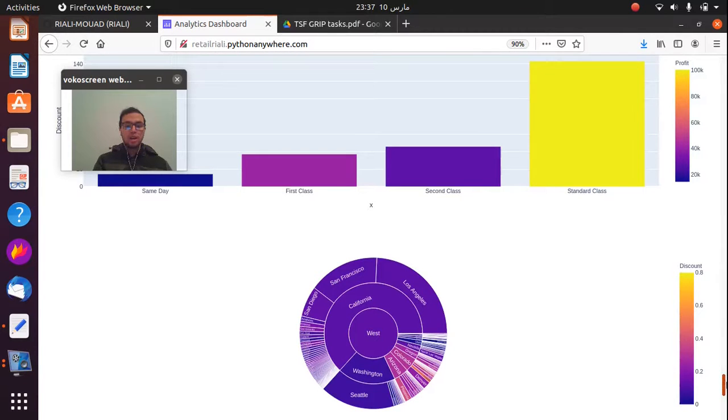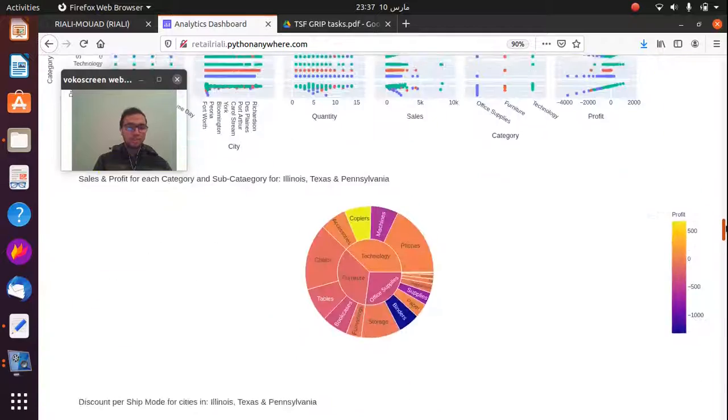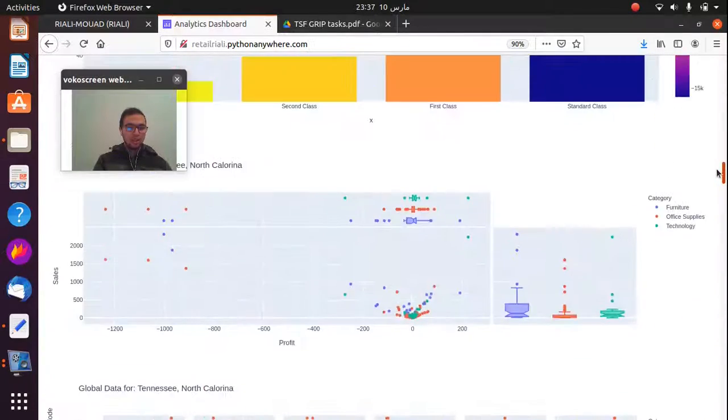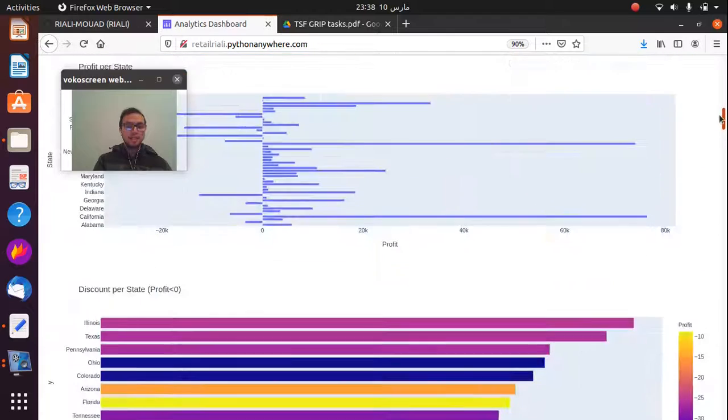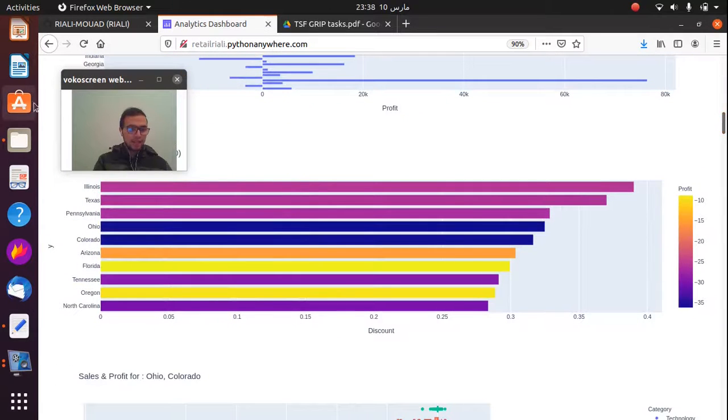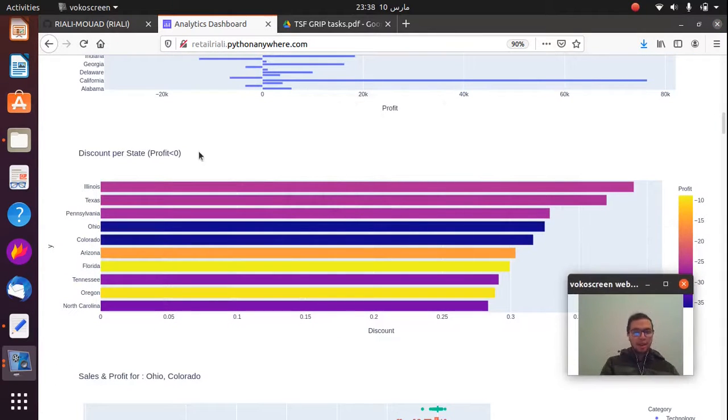Just to make sure, we're gonna check our list above of the negatively profitable states. Here we have almost the same states that I've just isolated: Illinois, Texas, Pennsylvania, Ohio, Colorado, Arizona, Florida, Tennessee, Oregon, and North Carolina.